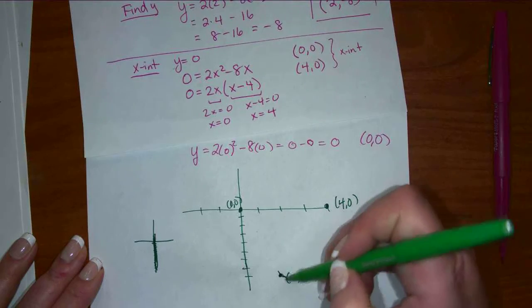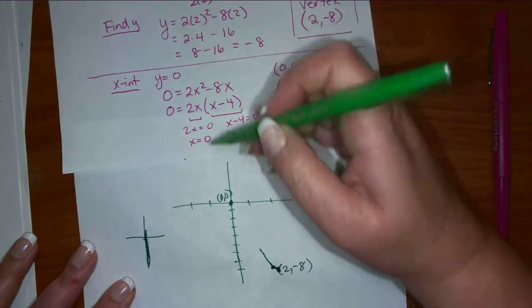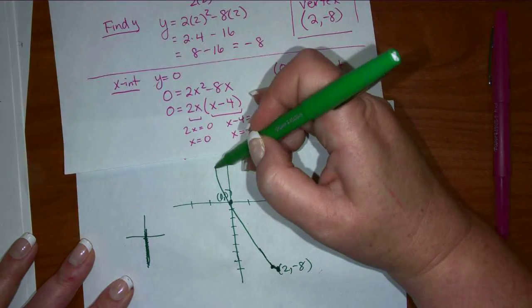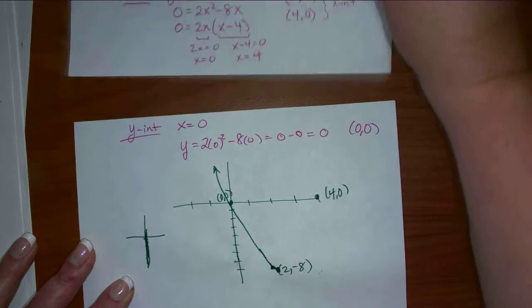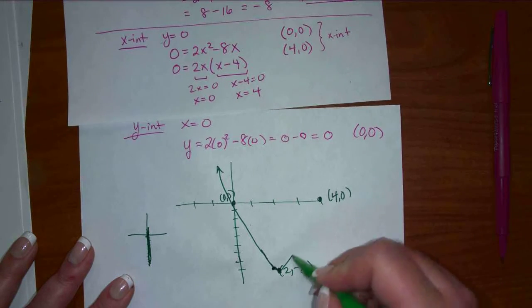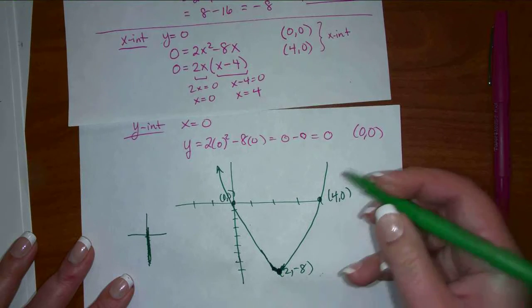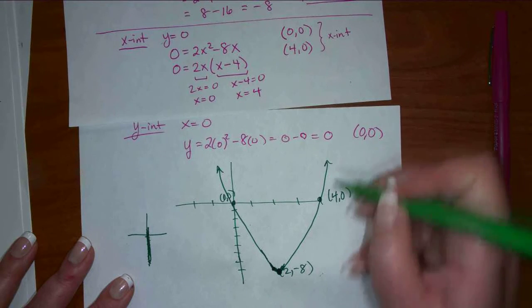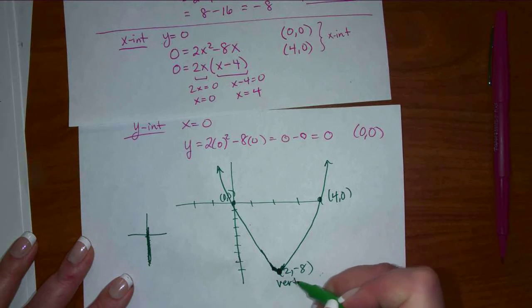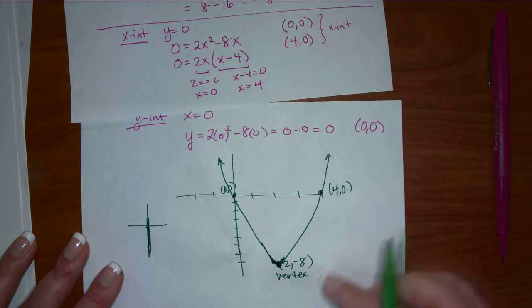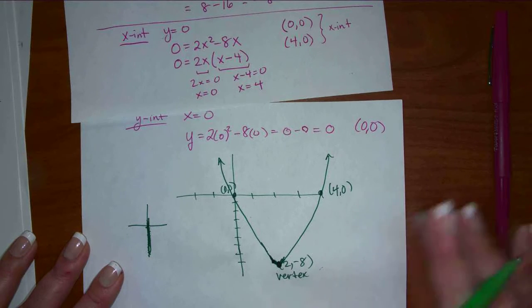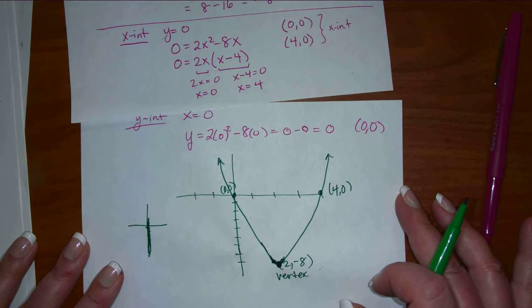I'm going to move my point. So this is rounded, and the very lowest point is at your vertex. I moved my point over a little so it looked a little bit more symmetric.